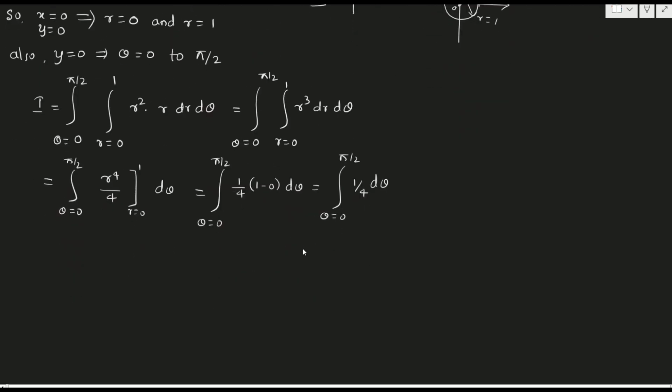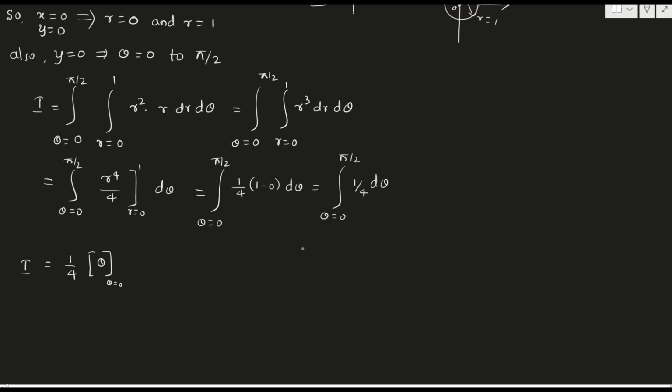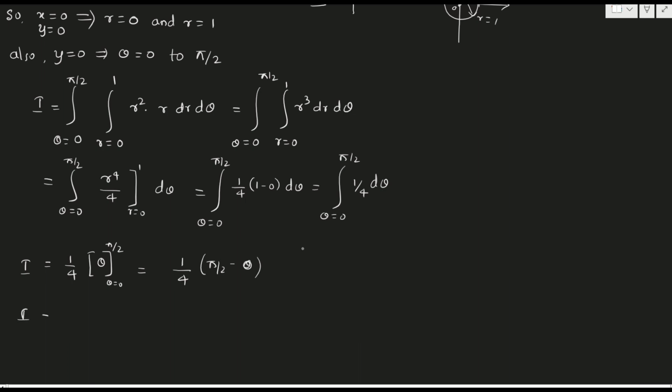Now integrate with respect to theta. I equals 1 by 4, a constant, and the integration of d theta is theta, so theta varies from 0 to pi by 2. Apply the upper limit and the lower limit 0, so it is pi by 2. So I equals pi by 8.